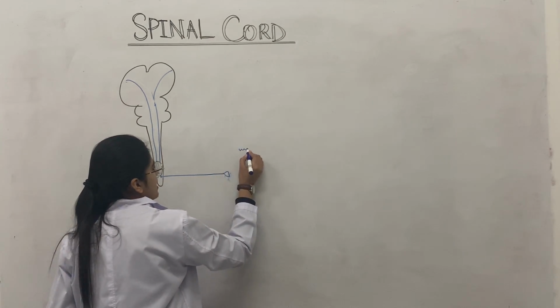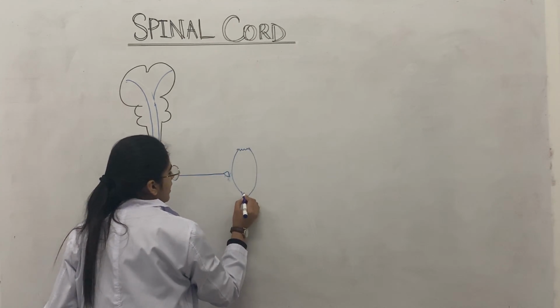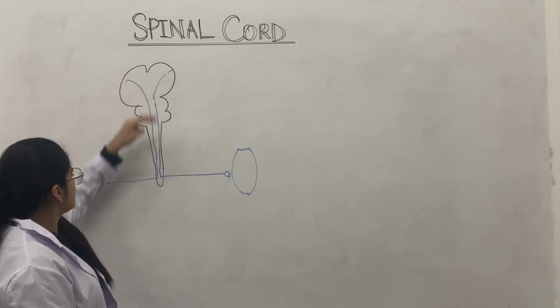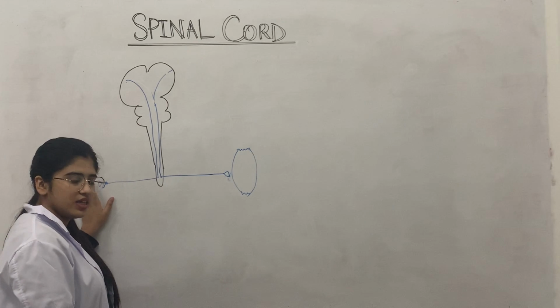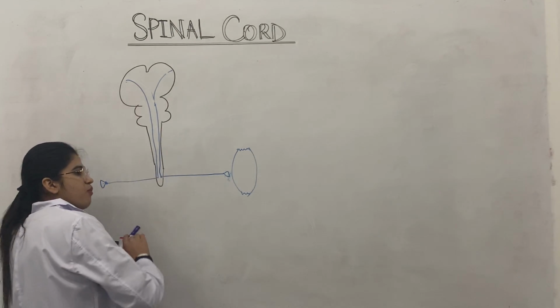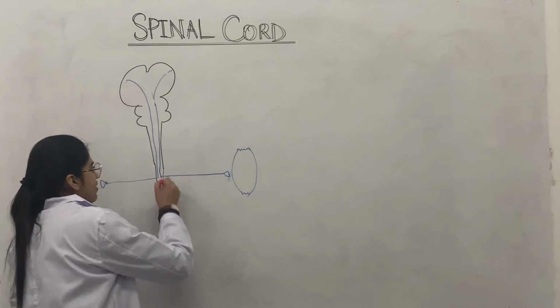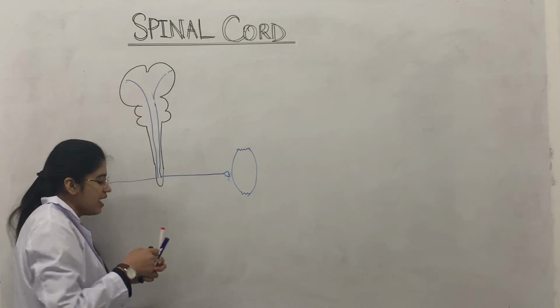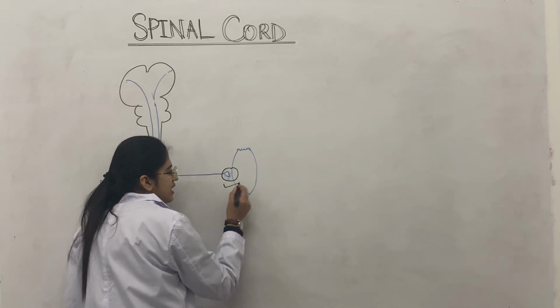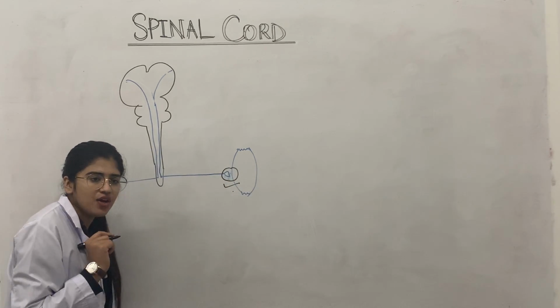So for example, this is the muscle, and from this side the signal is going on, and from this side the signal is coming over here. What the important features of these pathways are, we will see today. But how the signal goes on at this area, we will see in another video.